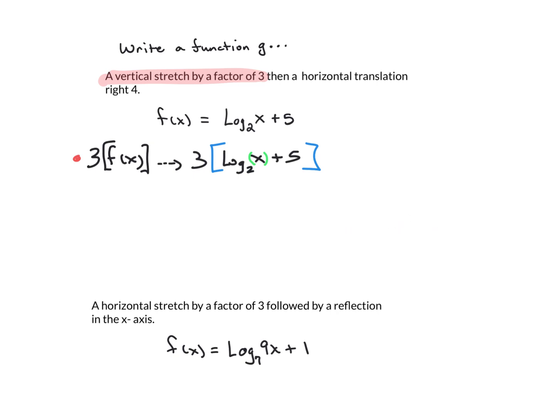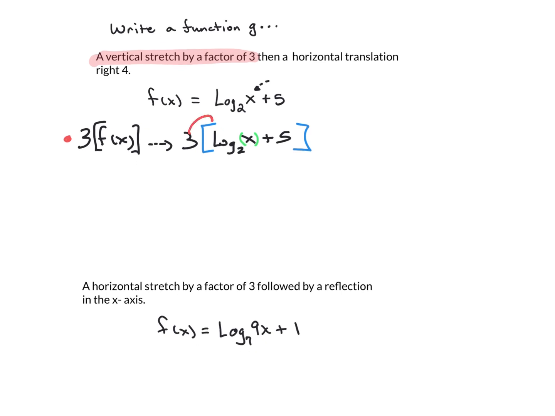So I would often put a parentheses around the x part to emphasize that since it doesn't have parentheses, that means only the x is inside the actual log, not the plus 5. So when you multiply by 3, you've got to multiply to outside the log. And everybody always forgets this one, don't you? So that would give us 3 times log base 2 of x plus 15.